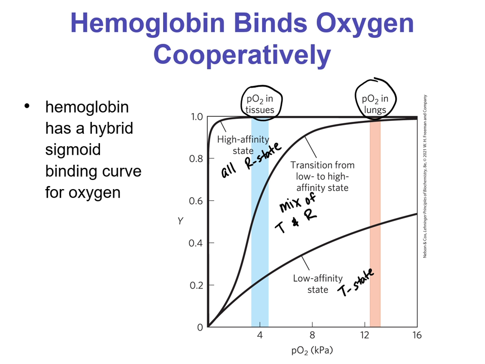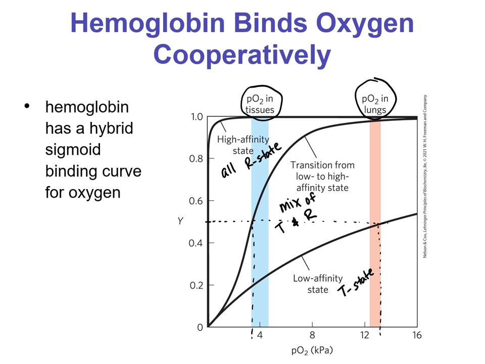So if you were to look at each of these curves and try to figure out the KD, this is how you would do it. Now for the high affinity one, it's such a high affinity that KD is super teeny tiny.